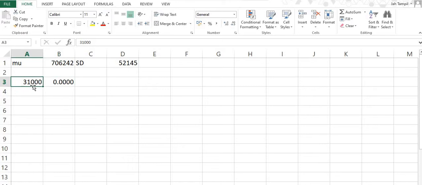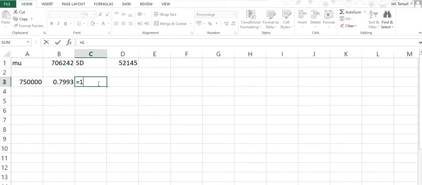Alright. Now what we need is greater than 750,000. If I just put 750,000, I will already get the probability. But again, I need greater than 750,000. So I will put equal 1 minus this value here, and there we go.